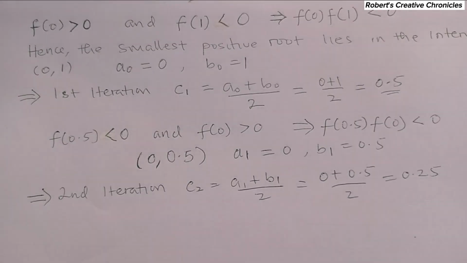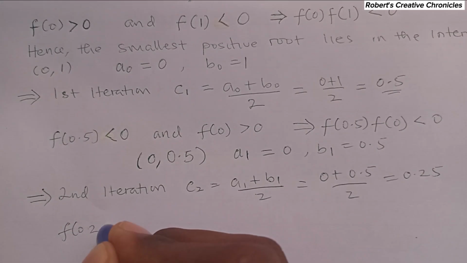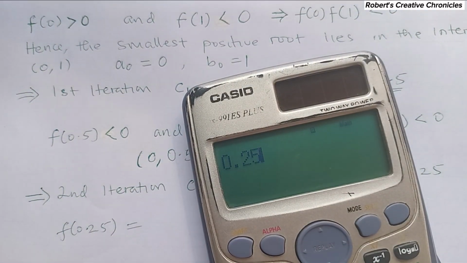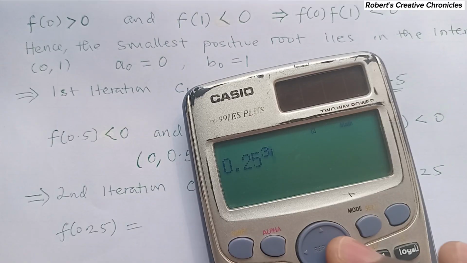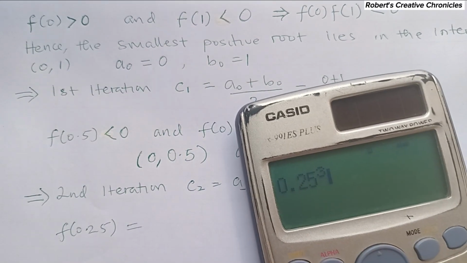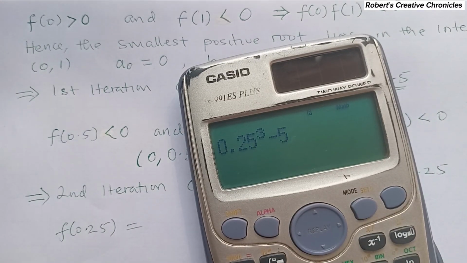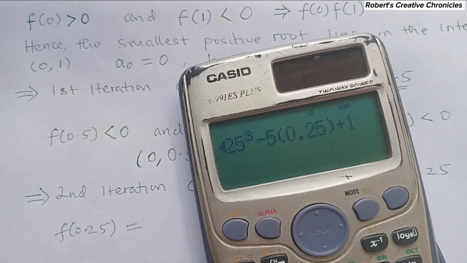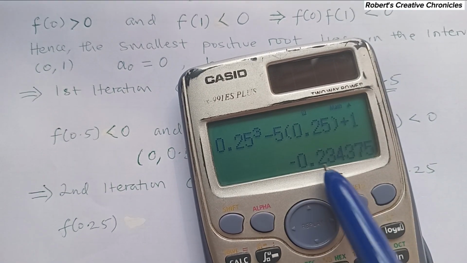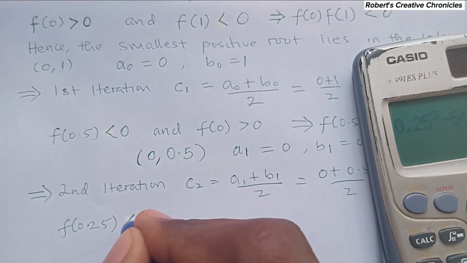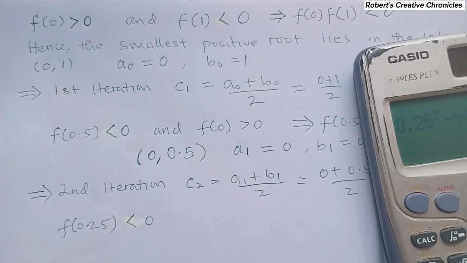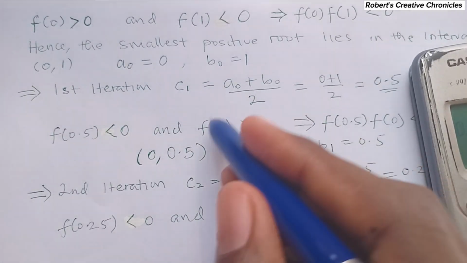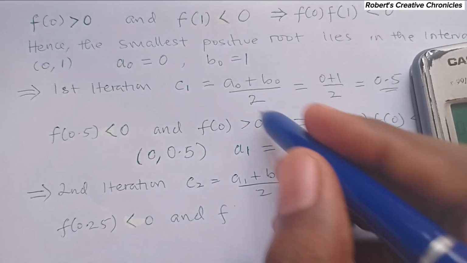Then we are now going to find the function of 0.25. That is 0.25 cubed, in the original formula, minus 5 times 0.25, plus 1. This is positive, so f(0.25) is greater than 0. So now we'll find the one that is less than 0 as we did before, and this is the only one that is less than 0, so we're going to use this one.